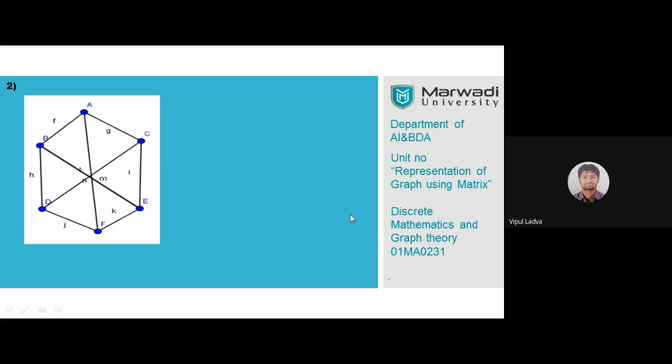Can you give me the adjacency matrix for this particular graph? Quickly, all those who are present in front of me, as well as all those who are attending this meeting online, you are supposed to give me the adjacency matrix of this graph quickly. Right now, I'm giving you 2 minutes. Yeah, you're supposed to give me the adjacency matrix related to this graph.